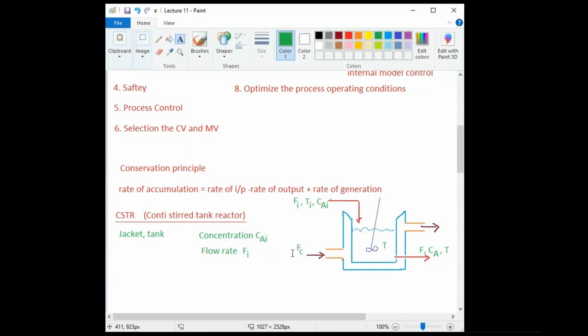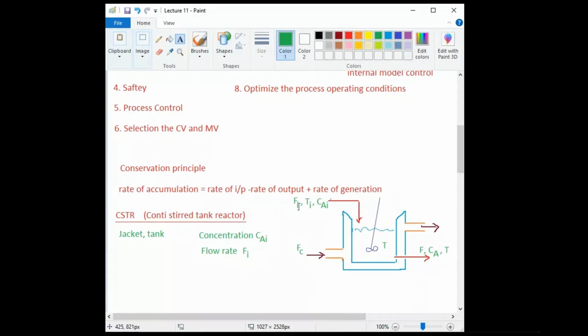So throughout process control we will use F for flow rate, T for temperature, and Ca or C for concentration. Fc, the c stands for coolant.